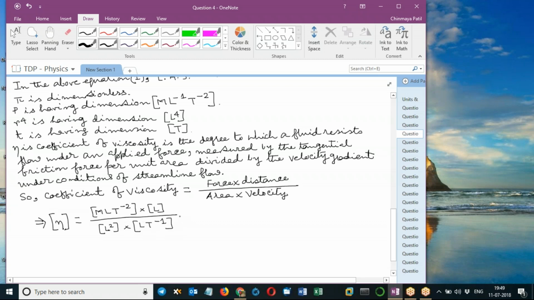So now if you compute this, it will reduce to M L power minus 1 T power minus 1.